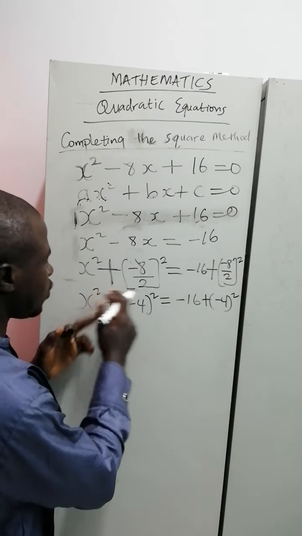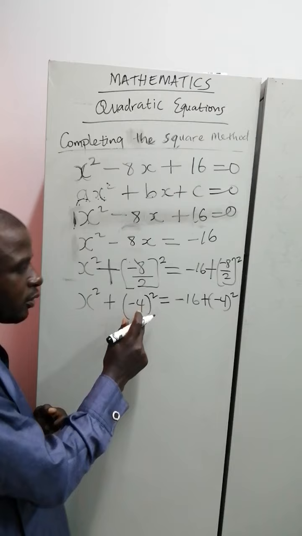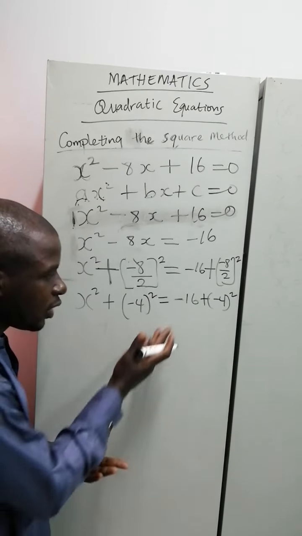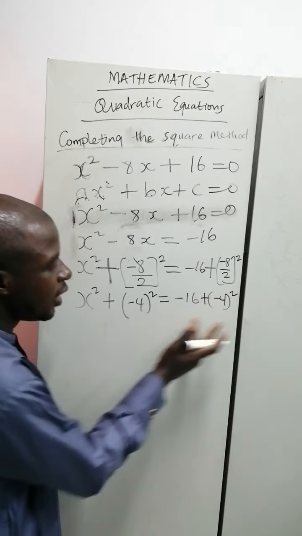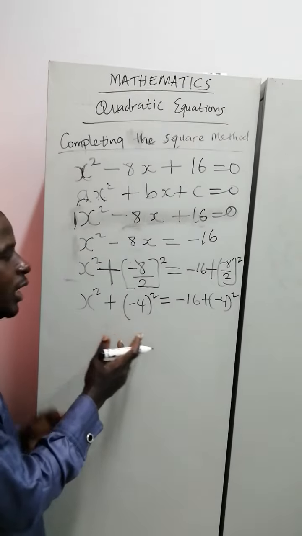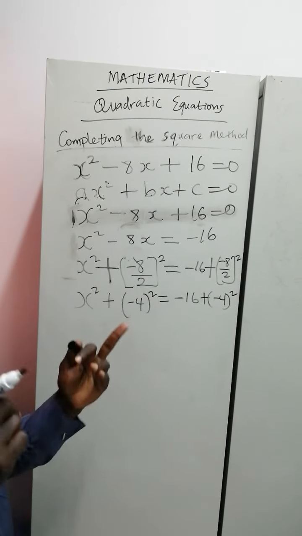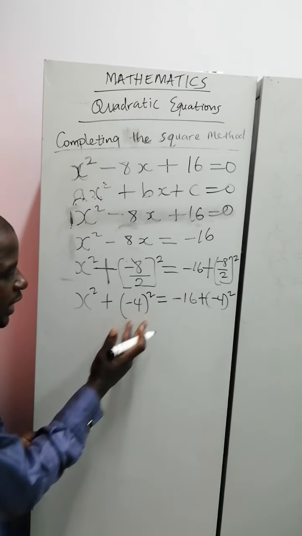This one is having square, this one is having square. You don't say minus 4 square is 16. It is not applicable to this left hand side, though it is applicable to the right hand side. Since this one is having square, this one is having square, you take only one square. So don't treat them individually, treat the two of them together.